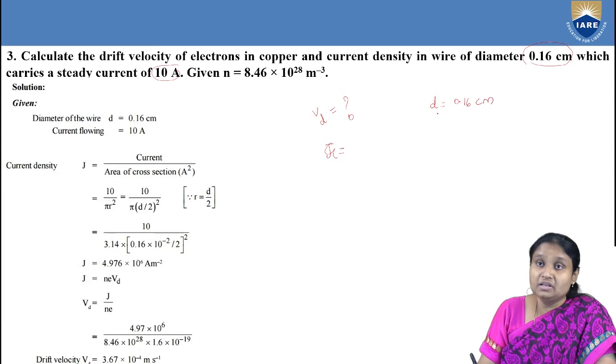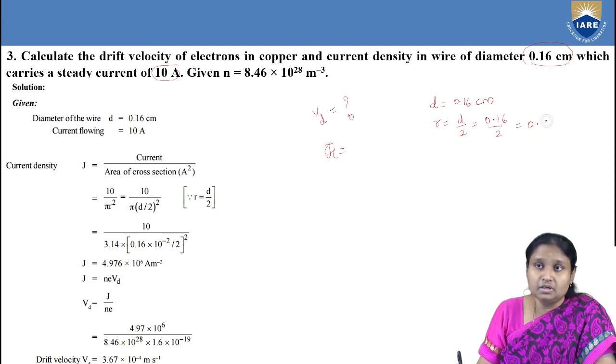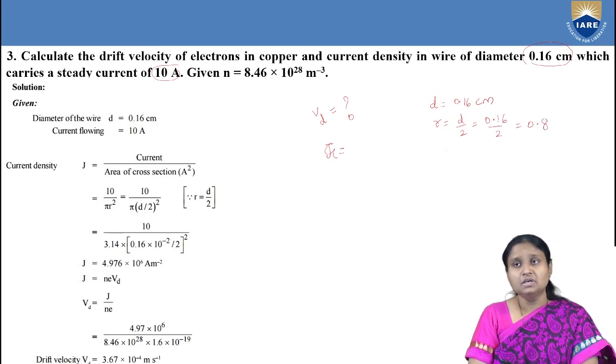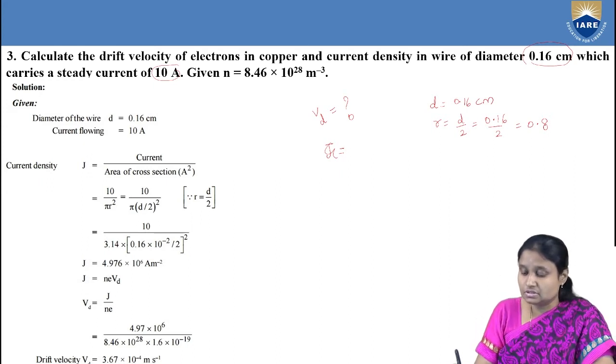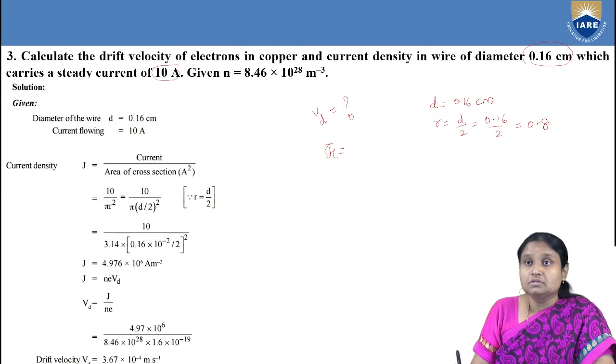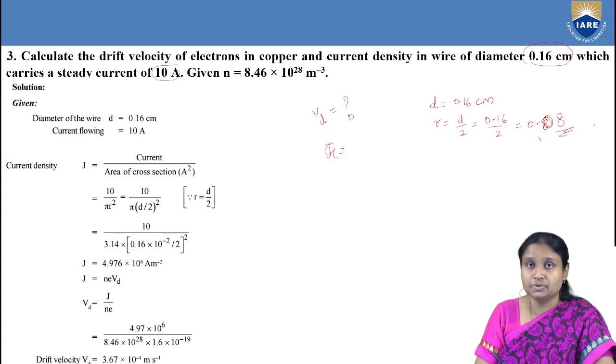Now from this we can find the radius of the wire, which is half of the diameter, d by 2. So this is 0.16 divided by 2, so the radius comes out to be 0.08.